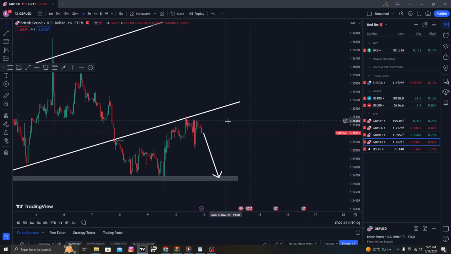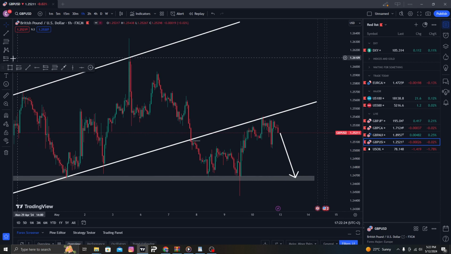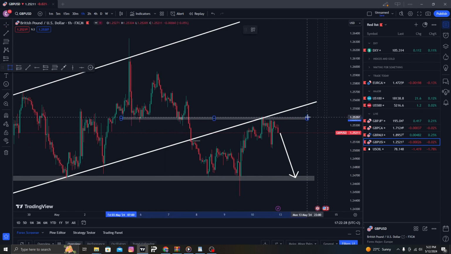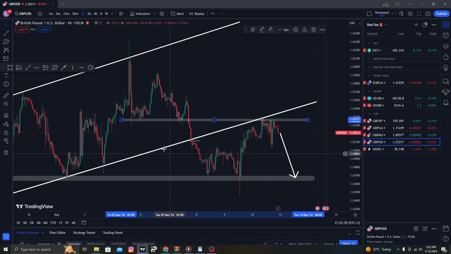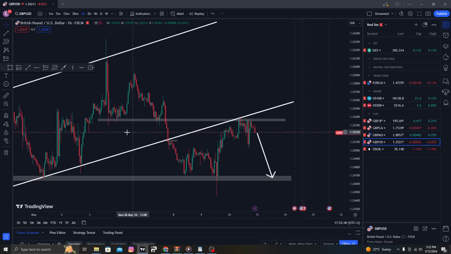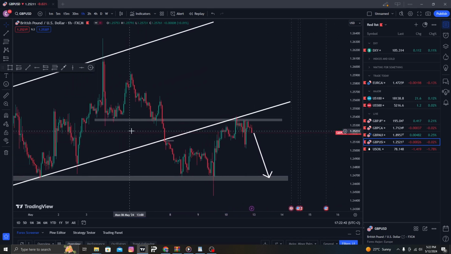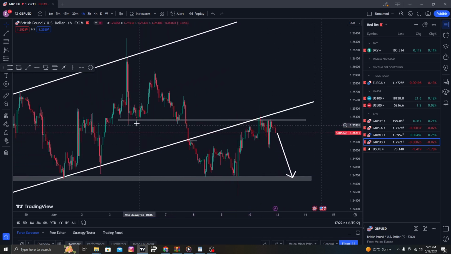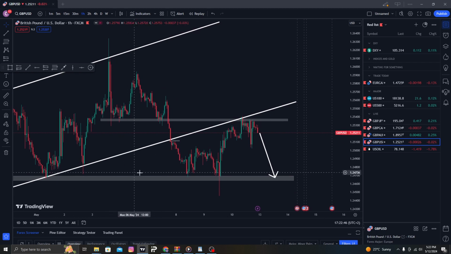There's a level here, guys. Let me show you the level. Give me a minute. Do you see the level? The only way you're going to be sure that price is going to buy is if price goes above this level.